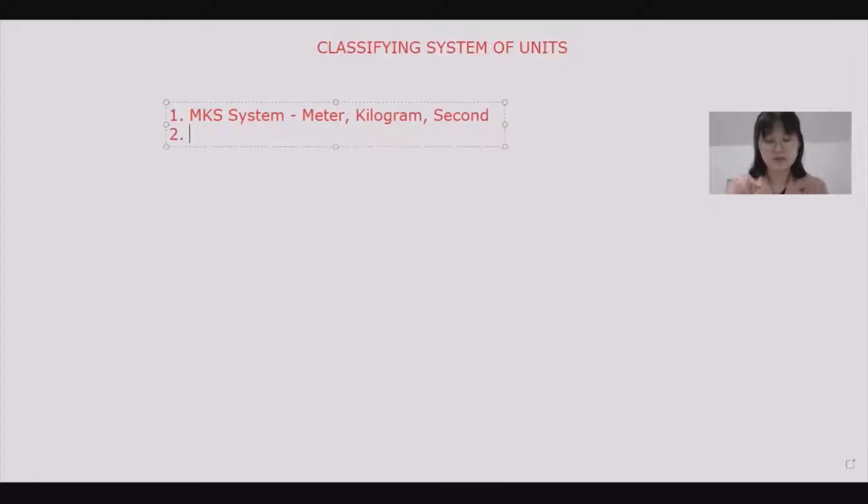And the second one is the CGS system, which stands for centimeter, gram, and second.